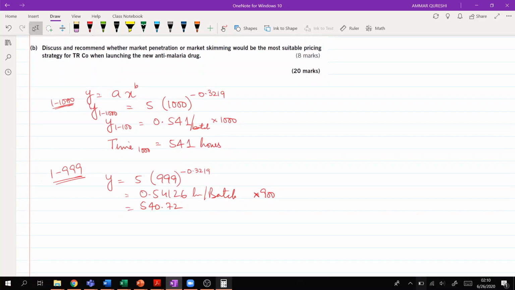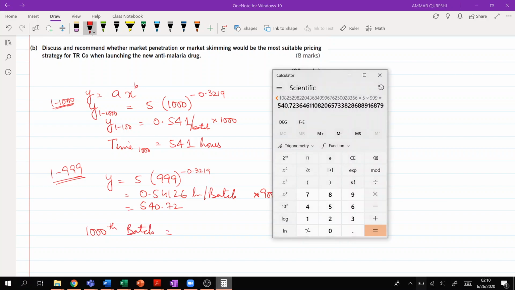So this is a very small difference. Try not to round it off. So the time required for the 1000th batch will be 541. Okay, just let me do one thing. Let me try not to round it off, because that will create a difference.